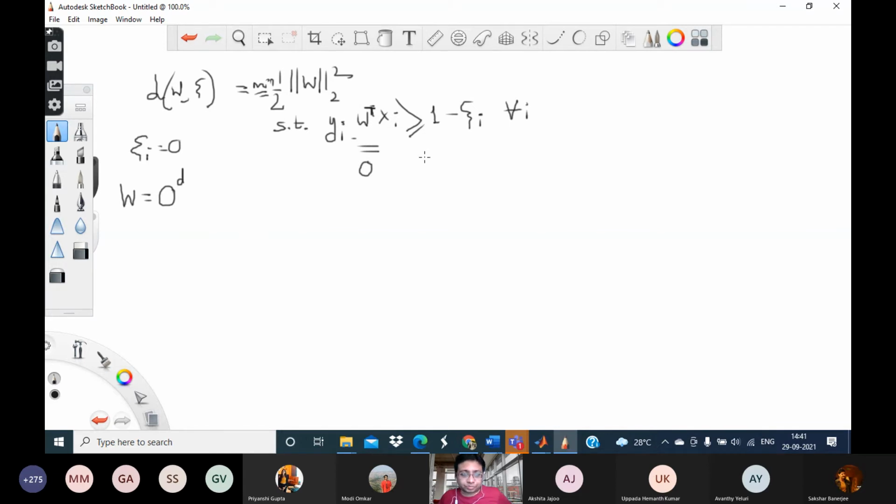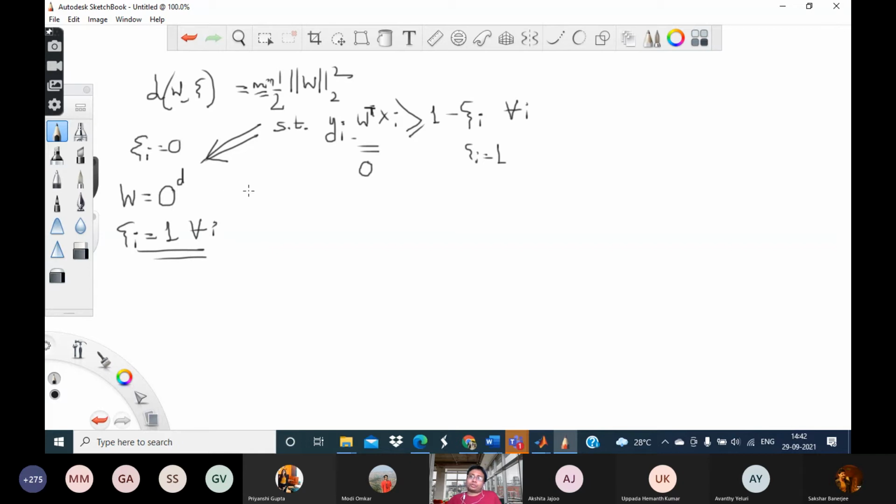But that means I can now easily put xi equal to say 1, and then this will be satisfied. So a trivial answer to this problem is w equal to 0 and xi equal to 1 for all the data points.